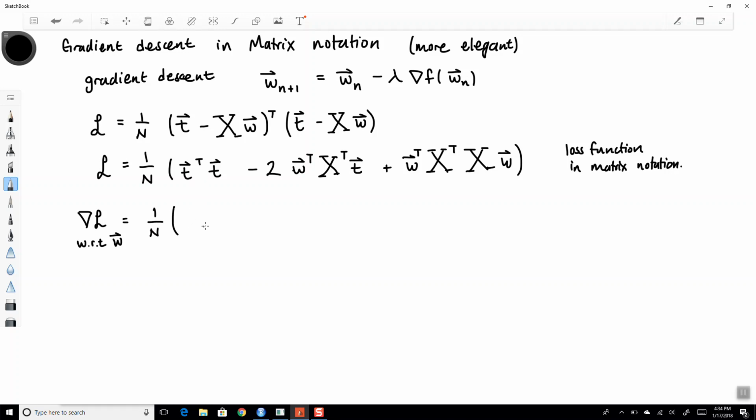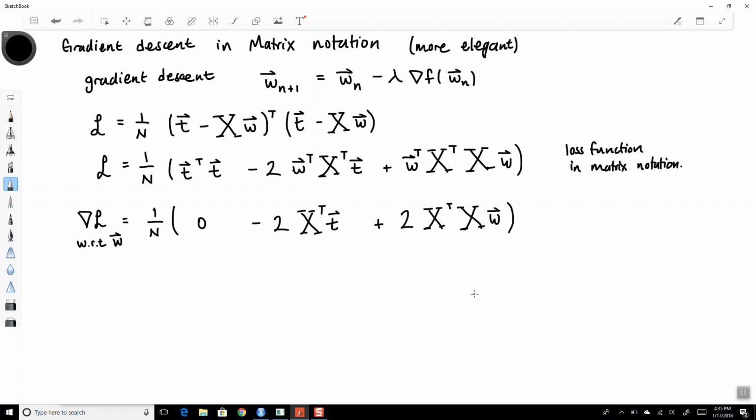This thing becomes 0, and in here I get 2 X transpose T. Here, this is basically W, some matrix times W, so I get 2 times that matrix, X transpose XW.